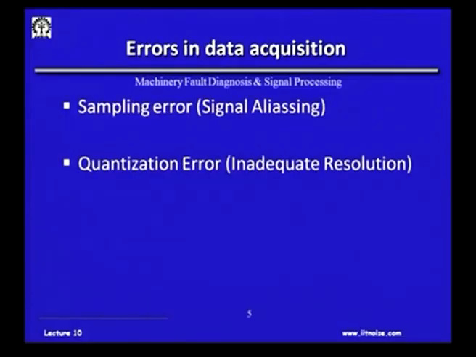And we have discussed these errors in data acquisition which we have to avoid: the sampling error, which will lead to signal aliasing because of inadequate sampling frequency, and the quantization error because of inadequate resolution.